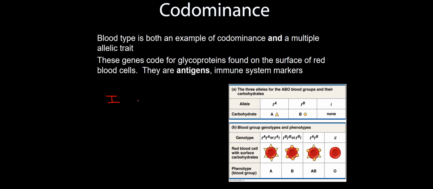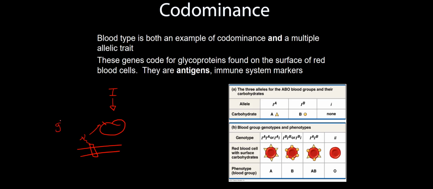There is the capital I and there's the lowercase i alleles. The capital I allele is the functional allele, and what this does is in a red blood cell, let me draw a red blood cell here. On the surface of the red blood cell, there's a protein being expressed. And if you remember from one of the earlier chapters, if this is the cell membrane, we had a protein that had some sugars on it.